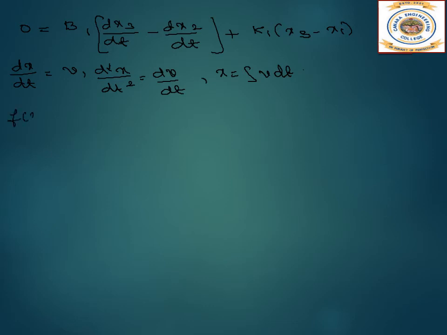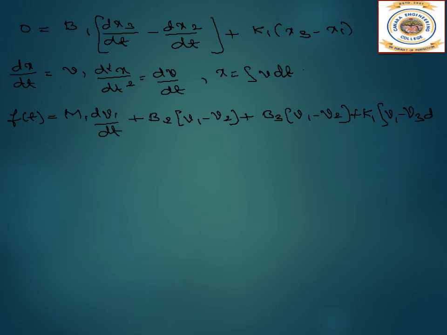Equation 1: f of t is equal to m1 dv1 by dt plus b2 into v1 minus v2, plus b3 into v1 minus v2, plus k1 into integral v1 minus v3 dt.